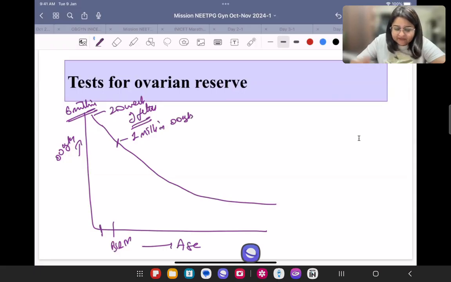These oocytes are continuously undergoing apoptosis. They die off. When she's born, she has 1 million oocytes.